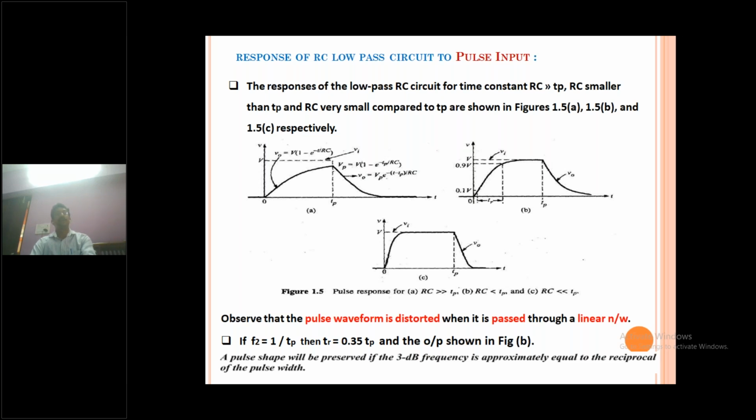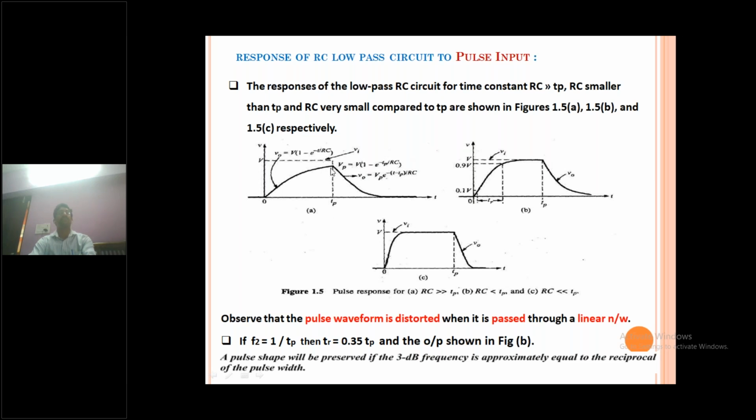Next, at small t equal to TP, what is the peak value, the value the capacitor has charged to? Simply take the 0 to TP interval equation and substitute TP in place of small t. That is the peak value at t equal to TP seconds.